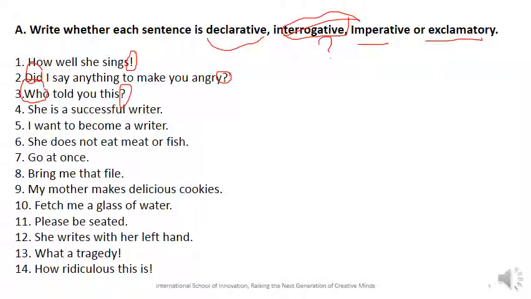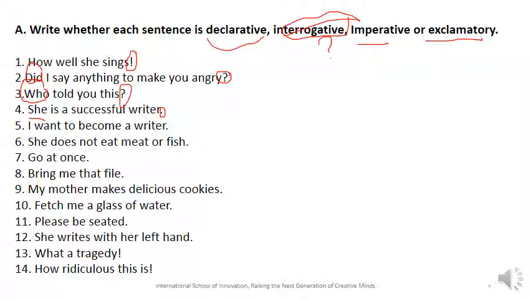The writer thinks that she is a successful writer. So this sentence is declarative and it ends with a period also. It's expressing an opinion, and it starts with a subject. So this sentence is a declarative sentence.